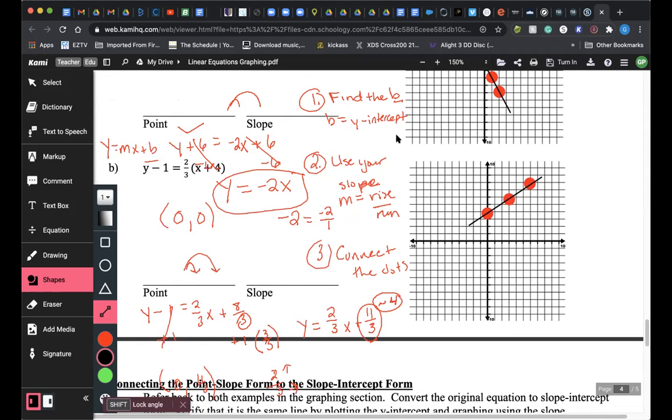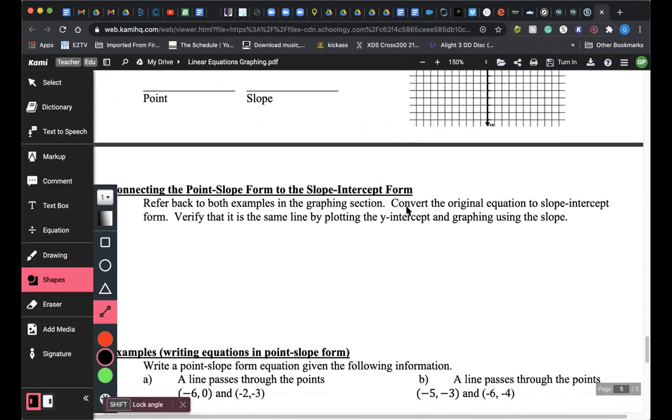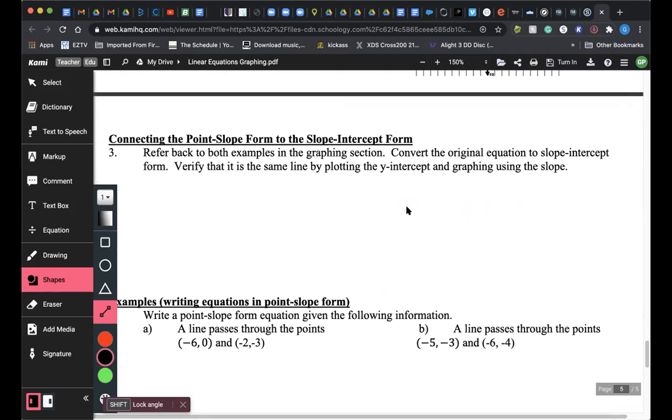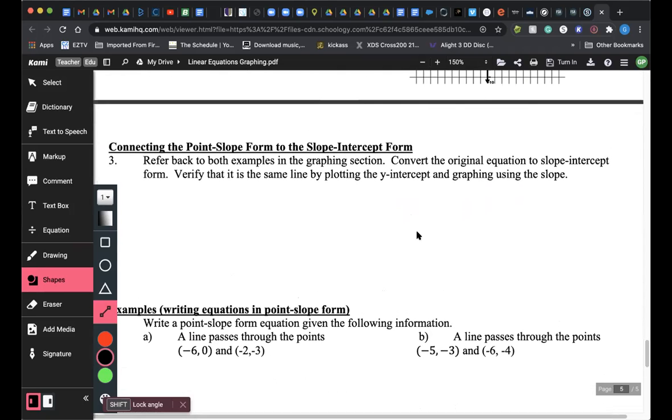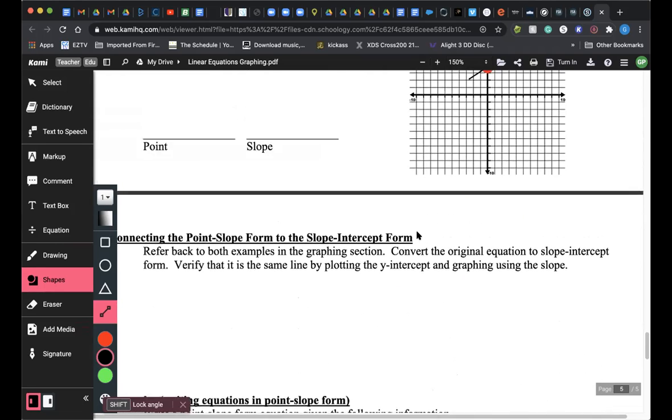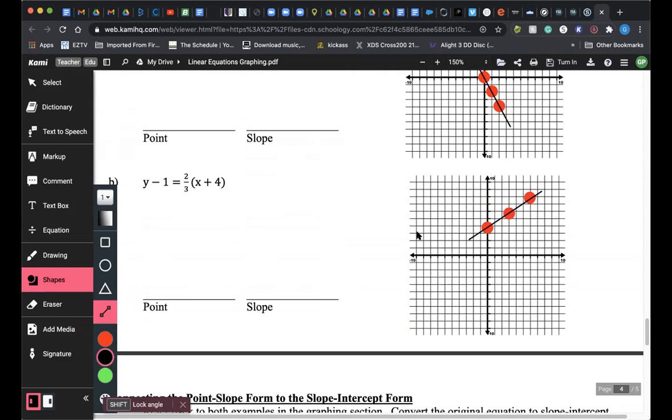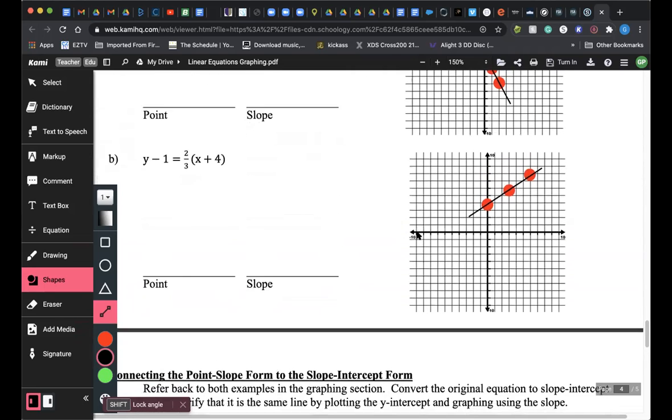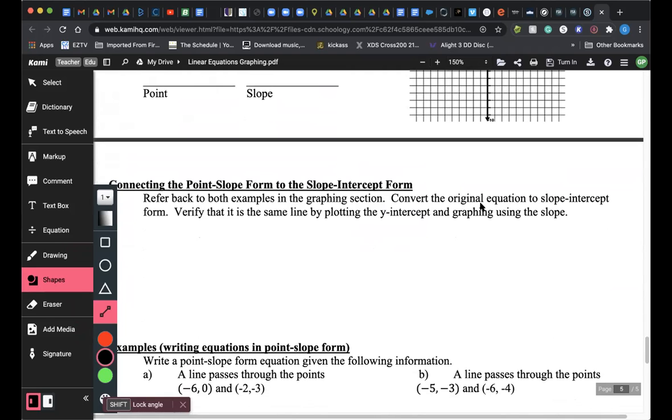All right, let's do this last part here. We already did this part, so we don't have to worry about that.